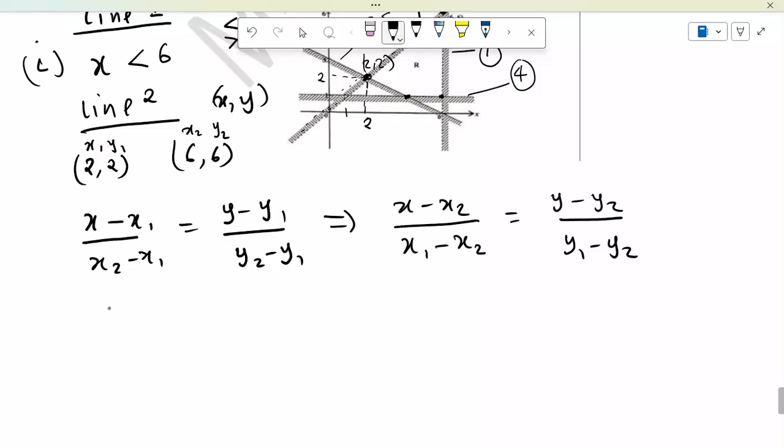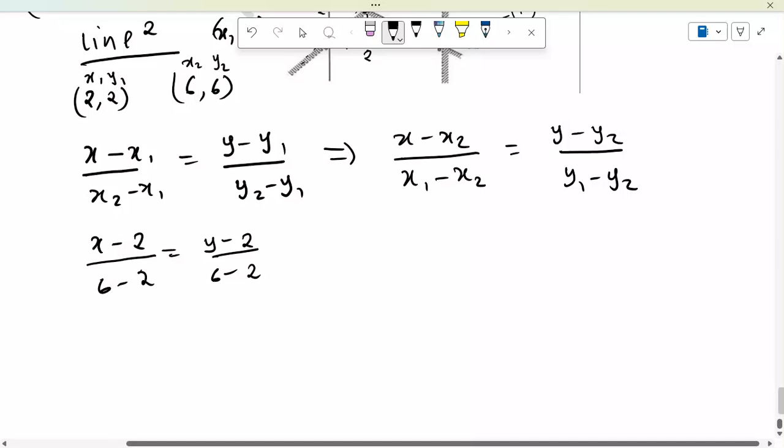So we have x. What is x1? x1 is 2. What is x2? x2 is 6 minus, what is x1? x1 is 2. Then you have y minus, what is y1? y1 is 2. What is y2? y2 is 6 minus, what is y1? y1 is 2. Great.